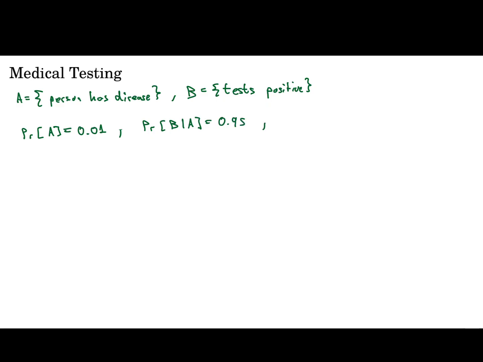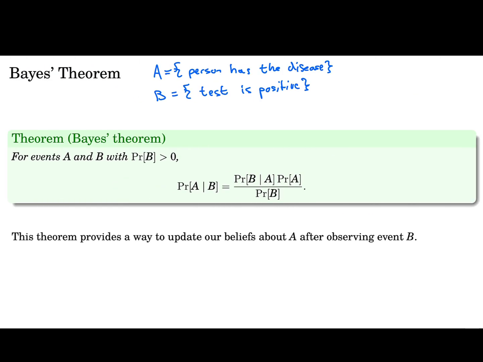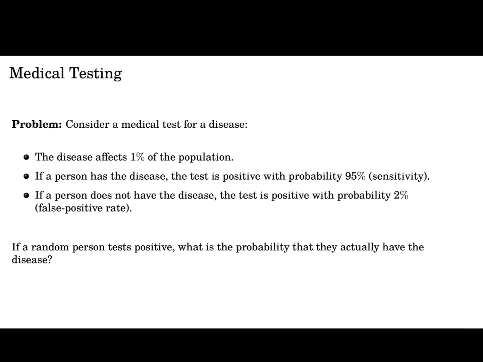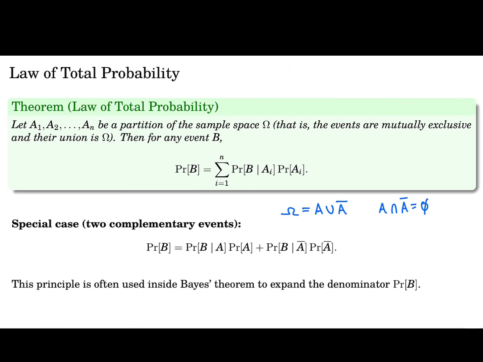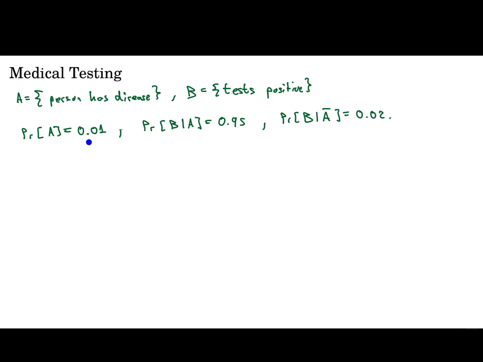And the last thing that we were given was that in the case where the person doesn't have the disease, the probability that the person tests positive was equal to 2%, right? So this was exactly this problem here. So these numbers, this 1%, 95%, and 2%, translate to these probabilities here.